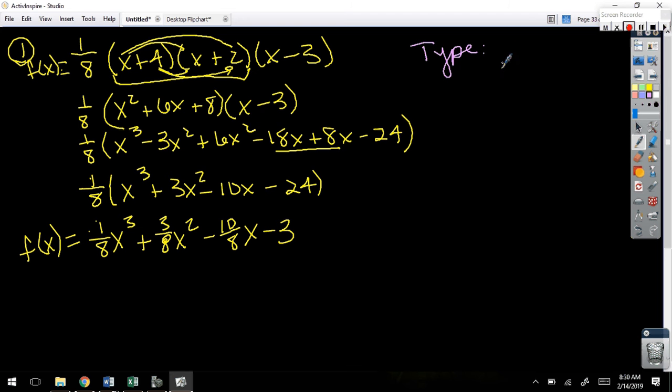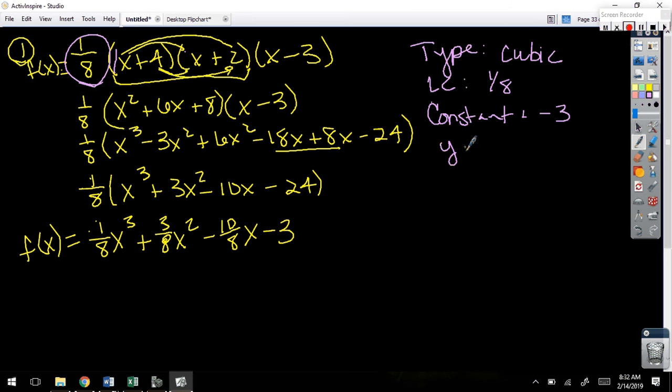Do I need to give y'all a second to catch up with me? All right, so we said the type was cubic. The leading coefficient, 1/8. Don't keep the x on there. It's a coefficient. It doesn't have a variable. Constant, -3, which means the y-intercept is (0, -3). Did I miss anything?